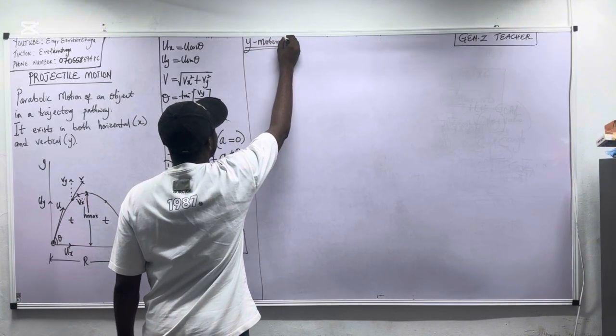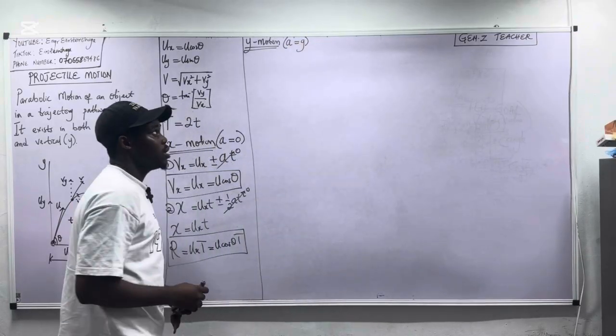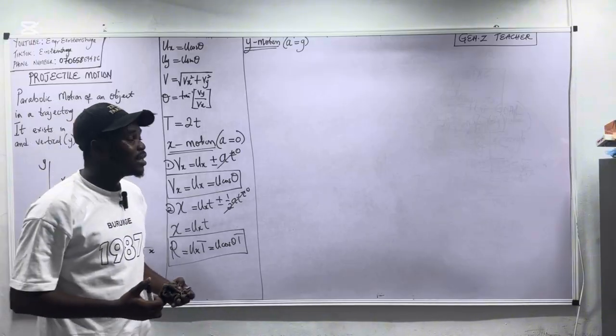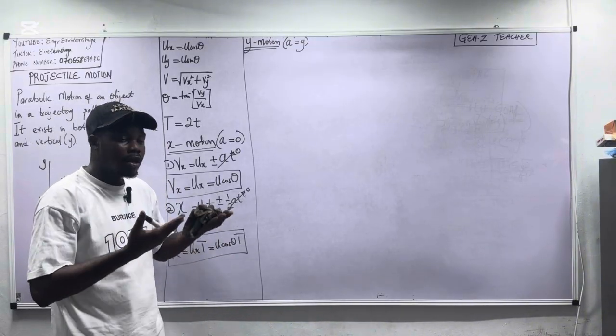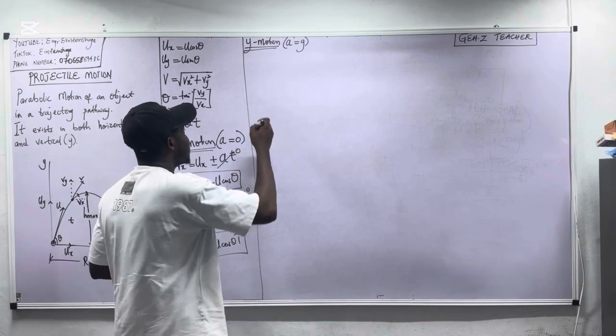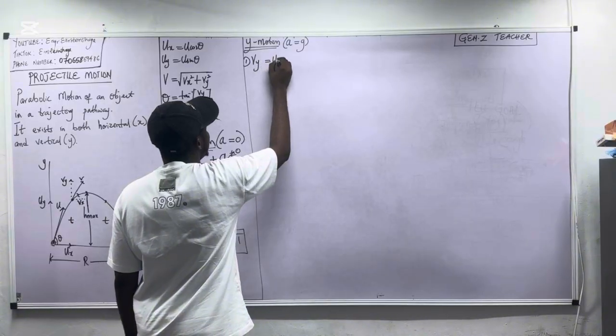The first thing to note is that a becomes equal to g. What is g? g is the acceleration due to gravity, because on the y axis you are being acted upon by gravity. Again, the first equation of motion says vy equals uy.